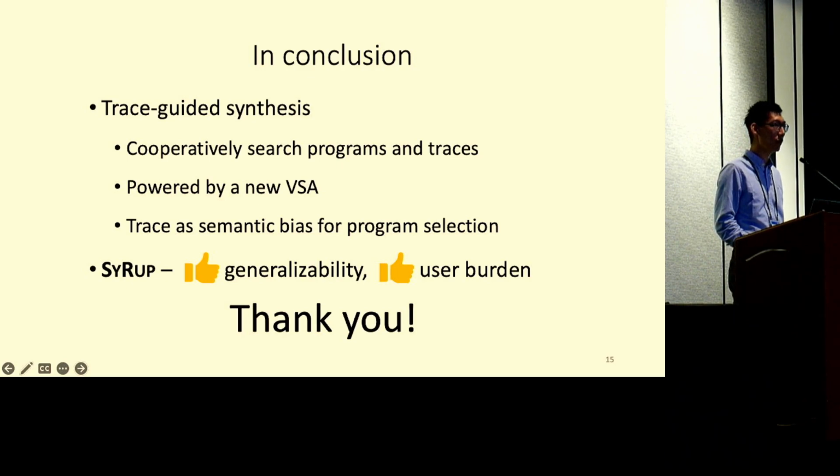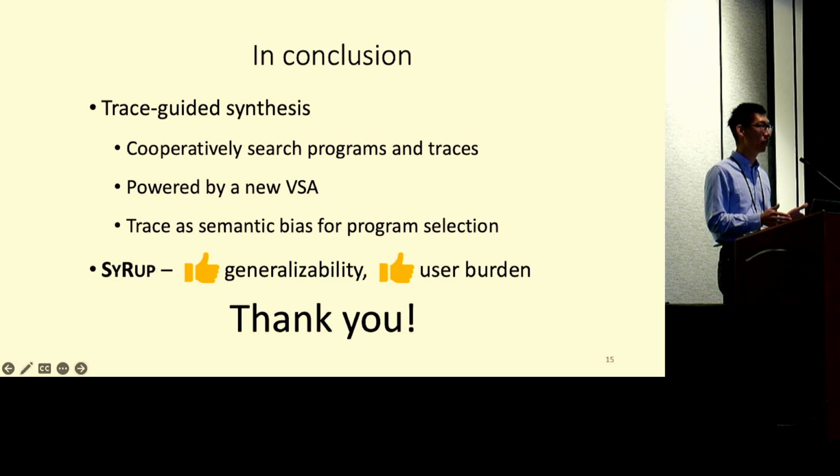Got it. Thanks. My second question was about the fact that you showed it has better generalizability than these other techniques, but is there a trade-off in terms of synthesis time? Yes. Synthesis time is comparable, but admittedly there's a scalability problem, especially when given random examples.